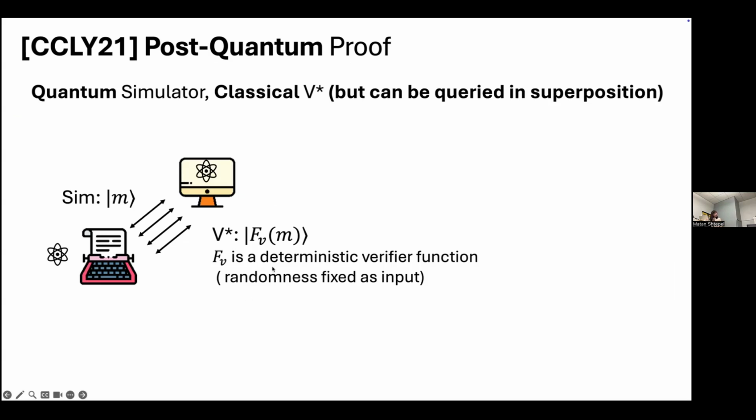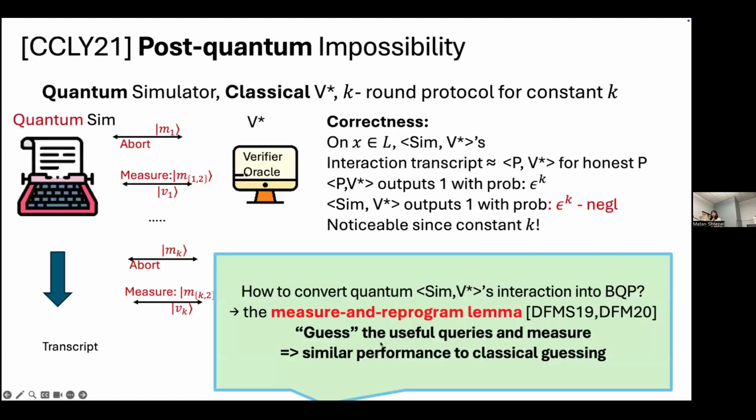As I mentioned, the verifier function of V star is a deterministic function, because it's a classical function. You can imagine that the randomness tape is fixed as part of its input. But the tricky thing is that now the simulator can query V star in superposition. Just as a crash course in quantum, being in superposition means that I can query not just message M1, but a superposition of M1 and M1 prime.